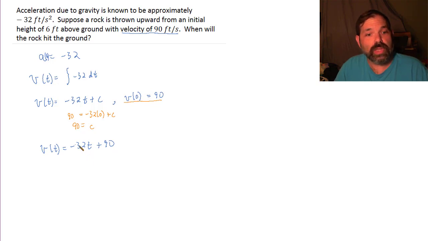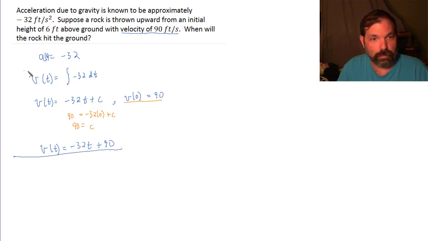Now I can use that to find my position function. The position function, let's use s. S of t would be the integral of the velocity function, the integral of negative 32t plus 90 dt.